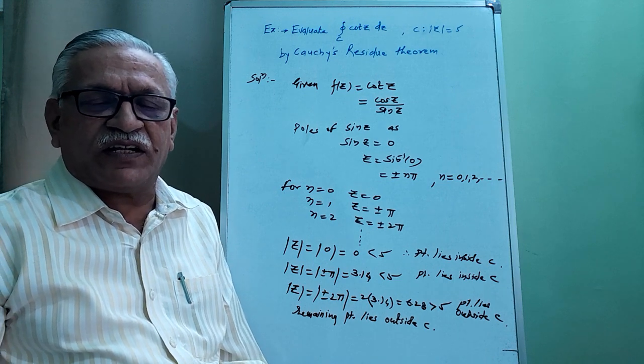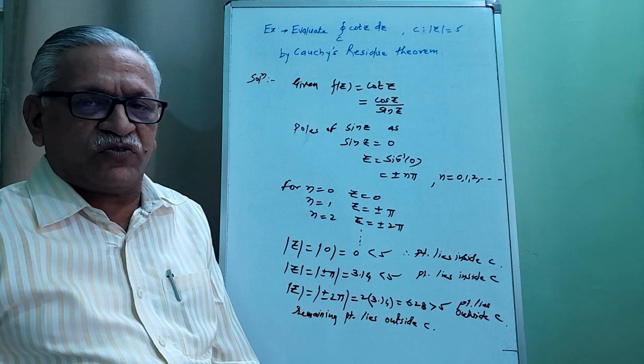Those 3 points lie inside the curve C and all of the remaining points lie outside the curve C.